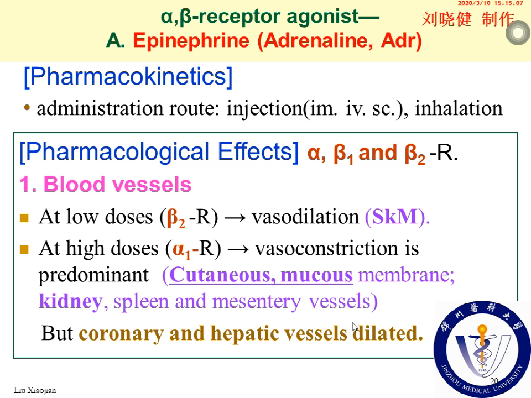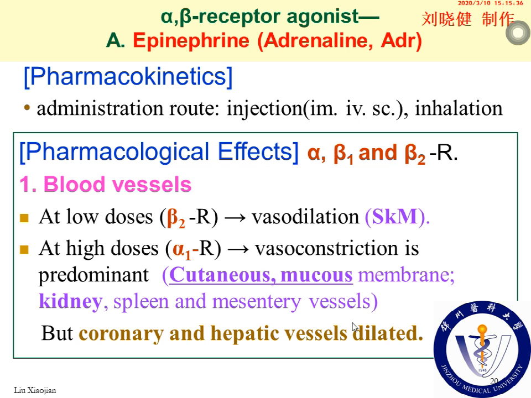Now look at epinephrine. When it is used at a relatively low dose on the blood vessels, it mainly activates beta-2 receptor, inducing vasodilation, especially in blood vessels of skeletal muscle. I also told you the density of beta-2 receptor is the highest in the blood vessels of skeletal muscle.